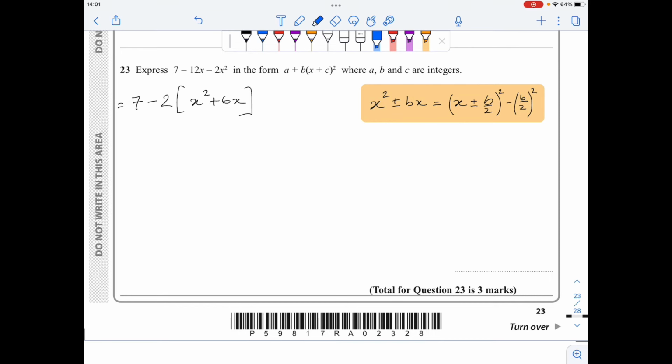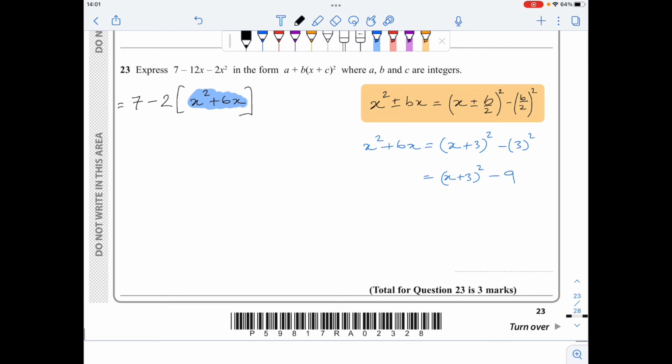So now for this expression in blue, I'll apply the formula. So x squared plus 6x equals x plus half of 6, which is 3, squared, minus 3 squared. Let's simplify this. x plus 3 squared minus 9.